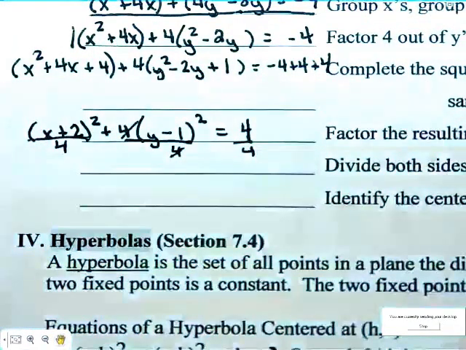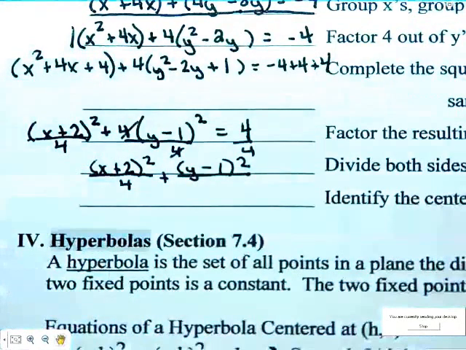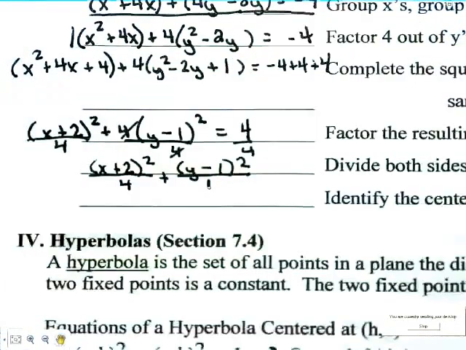And I have x plus 2 squared over 4 plus y minus 1 squared over, what's that over? Yeah, sure it is. 4 goes into 4 one time. Just put a 1 in the denominator if you want to. And there's my 1 on the right-hand side.